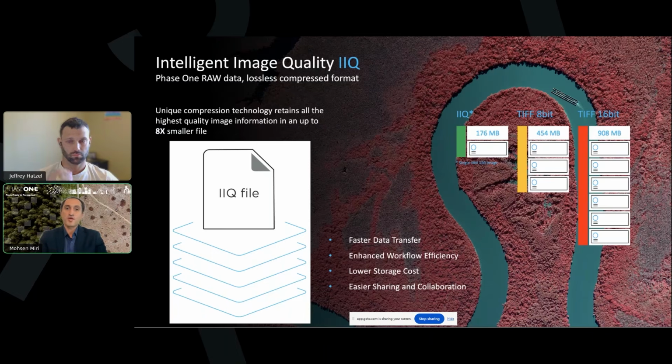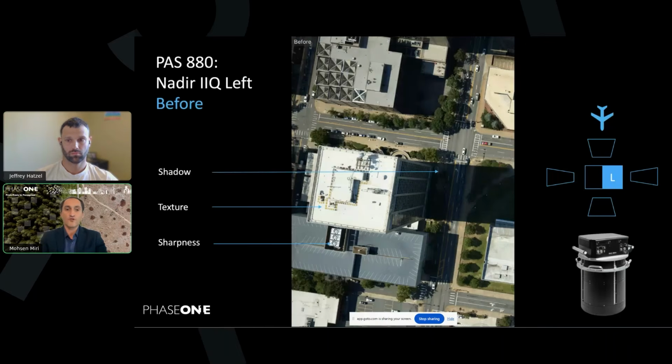Maybe we can go to the next slide so that I can show what we are talking about, the quality and raw format. Here you can see the non-adjusted raw IIQ image, which is a single image from one of our systems, the PAS 880. PAS stands for Phase One Aerial Solutions. This is a multi-head camera, and you're seeing one of the images of the large format nadir, which is 280.